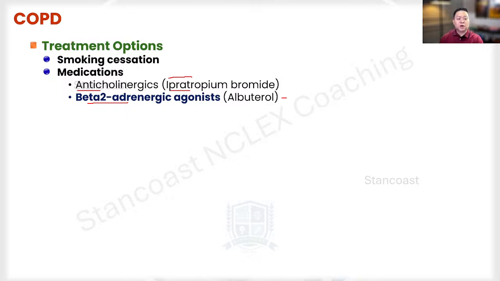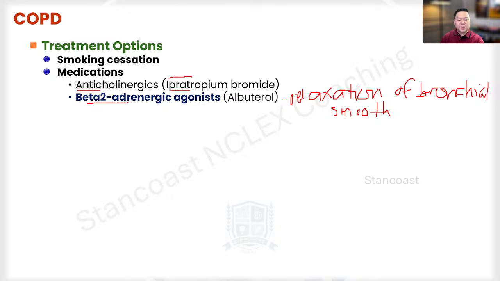They are going to cause relaxation of the bronchial smooth muscles. Think about that relaxation. This is the primary medication that will be doing this drug action. It will cause the airway to be more relaxed. It will allow reopening of those restricted or narrowed airways.